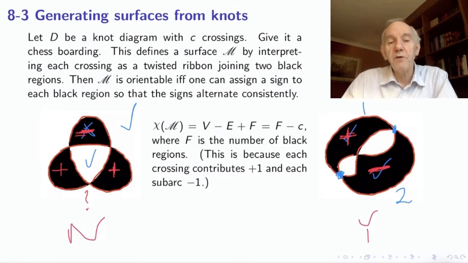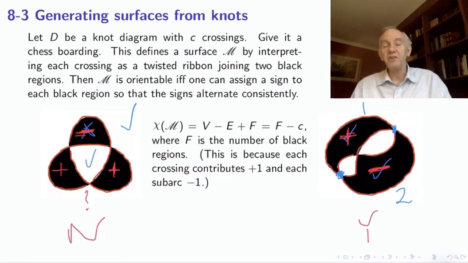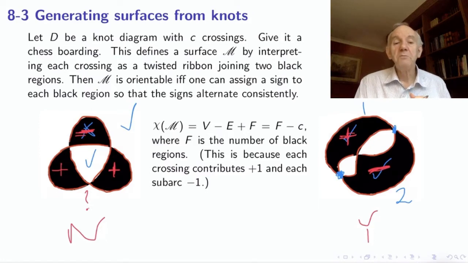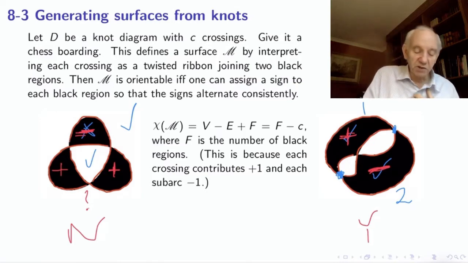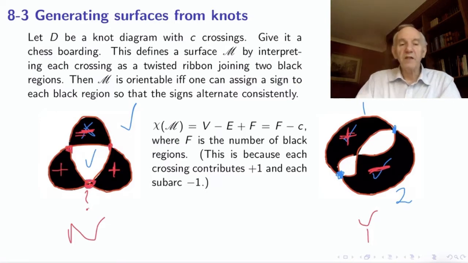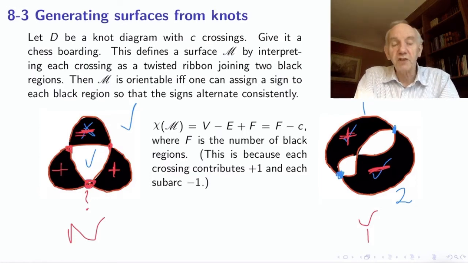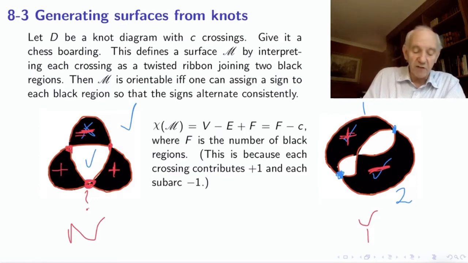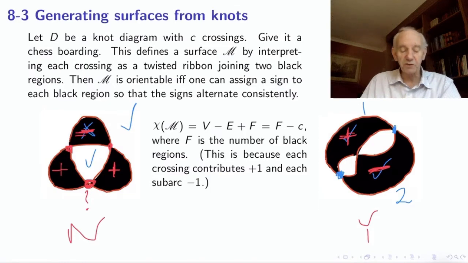Now, we can also compute the Euler characteristic of the surfaces quite easily. When you compute the Euler characteristic, you can just pretend that each crossing is a vertex. So if you do that, you can count the edges. If there are C crossings, the number of edges of the graph, what I call the subarcs, would be 2C.